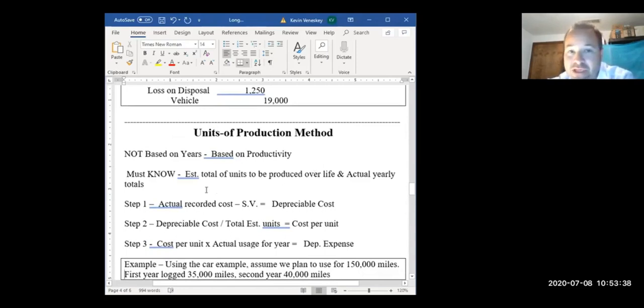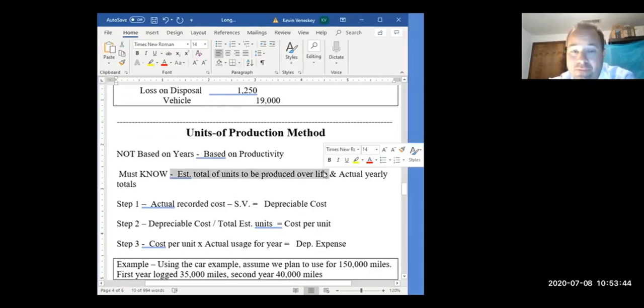So the only thing you need to know is how much you think you're going to use it over its life. It's easiest to talk about a car again. You talk in mileage. We're going to look at how much I am going to use this vehicle for its entire life, and maybe most people would say 150,000 miles.